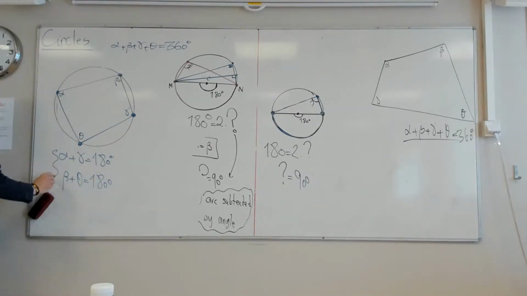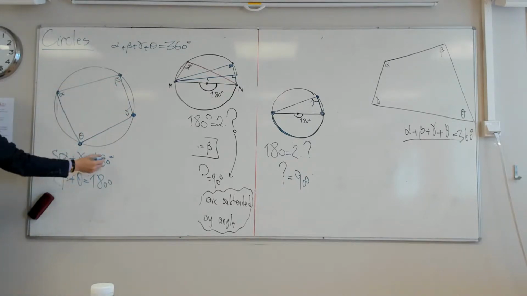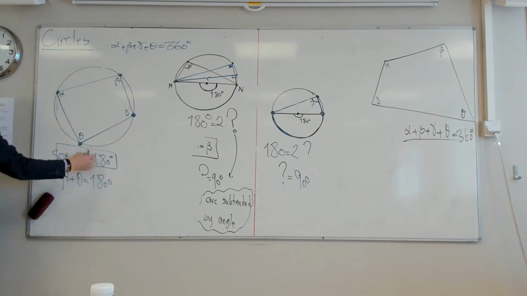So you see, this is completely okay, because if I ask you what is the sum of all of them, you will still say 360 degrees, which is correct. But when it is inscribed in a circle, you can be sure that the angles opposite each other add to 180 individually. Okay? So this is very important.